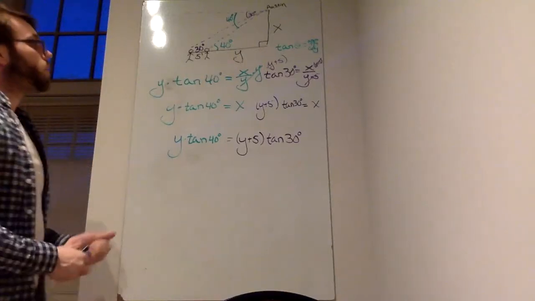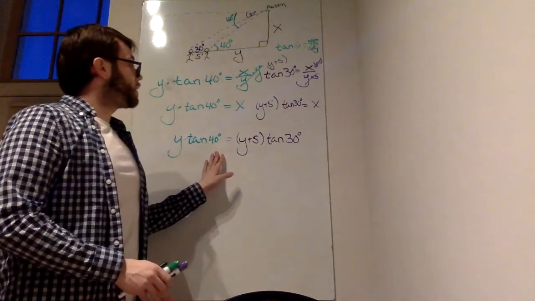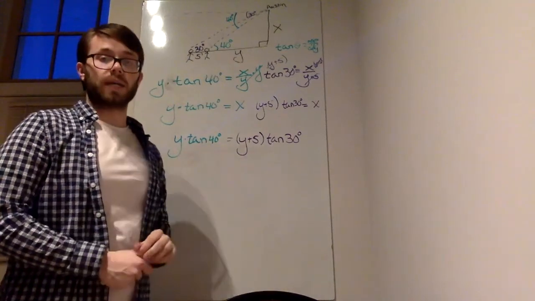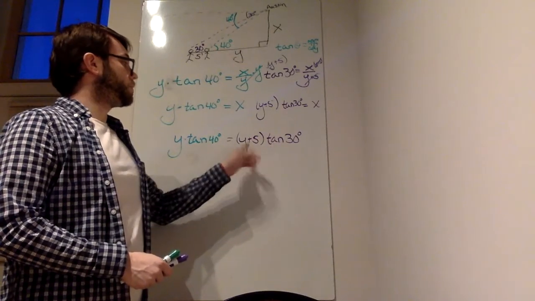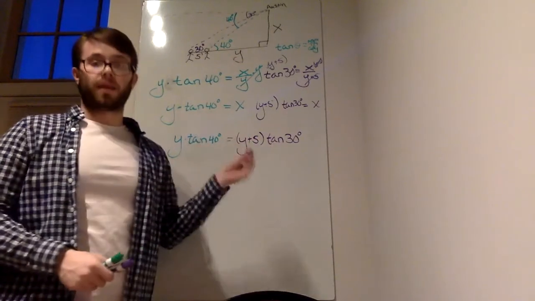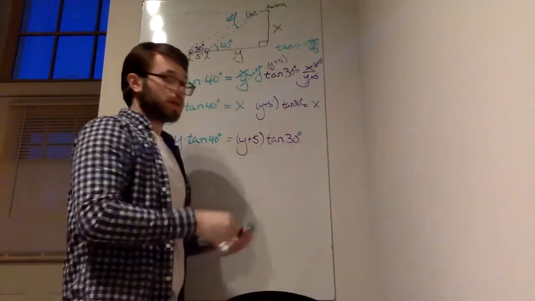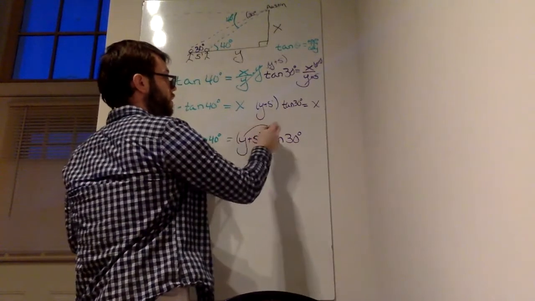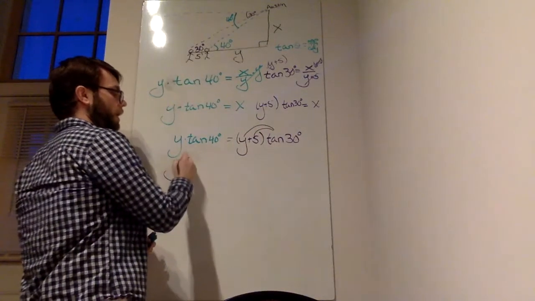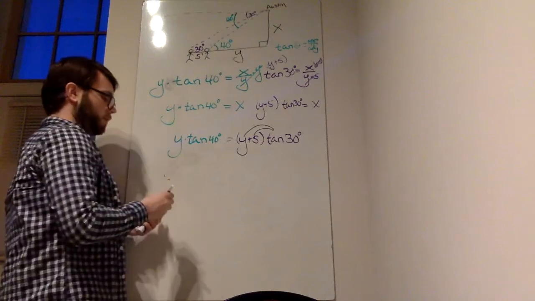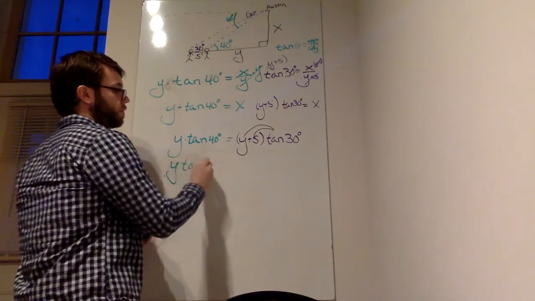Okay, so when we are in a scenario like this, we need to get all the variables onto one side. And in order for us to do that, we need to get this y out of the parentheses. Again, this is just some number times something in parentheses, so we can distribute it. So ultimately, when we do that, we get y, we'll put that in green, y times the tangent of 40 degrees.